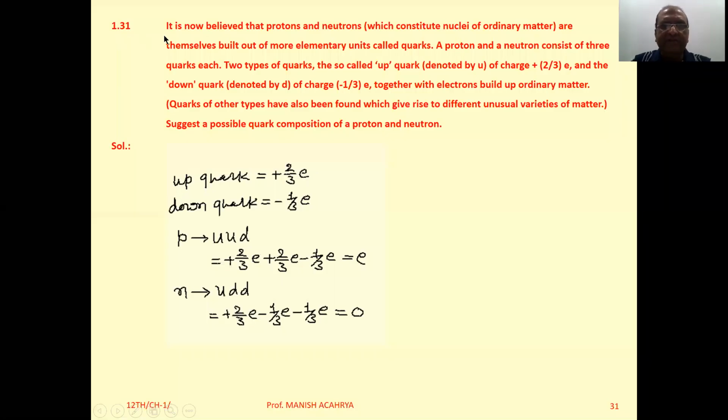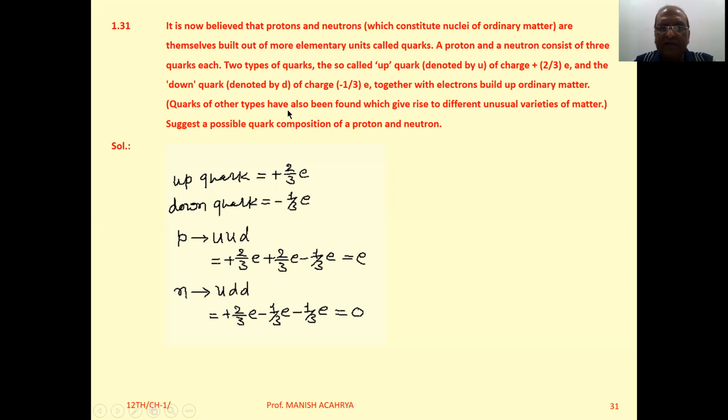Now 1.31. It is now believed that protons and neutrons, which constitute nuclei of ordinary matter, are themselves built out of more elementary units called quarks. A proton and a neutron consist of 3 quarks each. 2 types of quarks, the so-called up quark denoted by U of charge plus 2 by 3e, and the down quark denoted by D of charge minus 1/3 e, together with electrons build up ordinary matter.